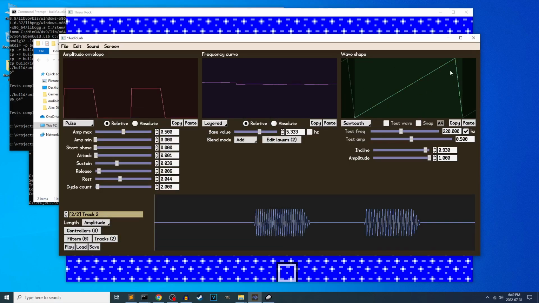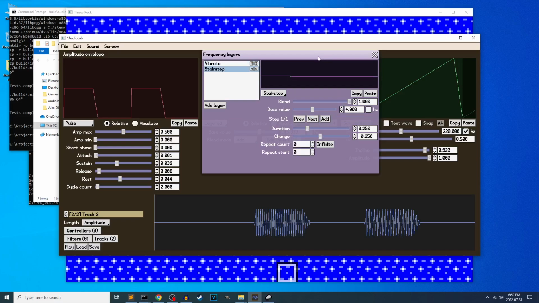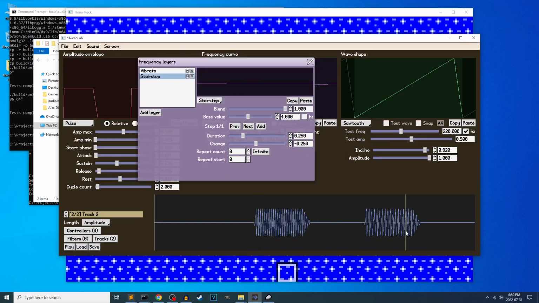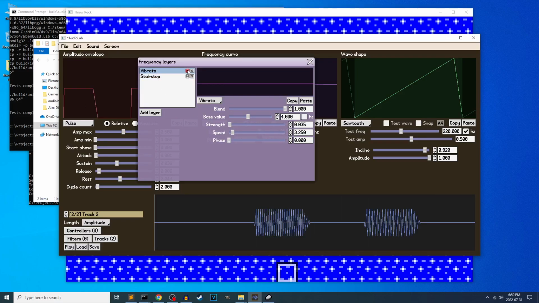This is an inclined sawtooth, just a little gentler than a full sharpness sawtooth. So this has the stair step on it. Sure, that's obvious. But then there's a little bit of vibrato there too. So without the vibrato, it sounds like that. With it, it just kind of crazes it a little bit. Just gives it this extra little wonkiness.